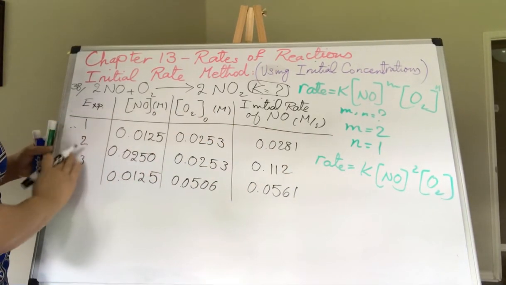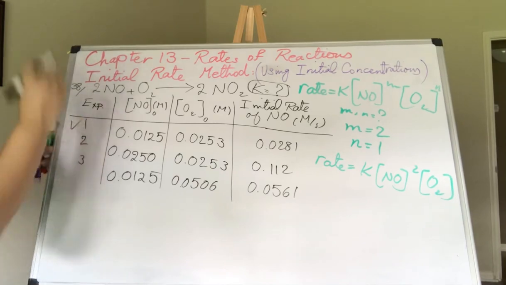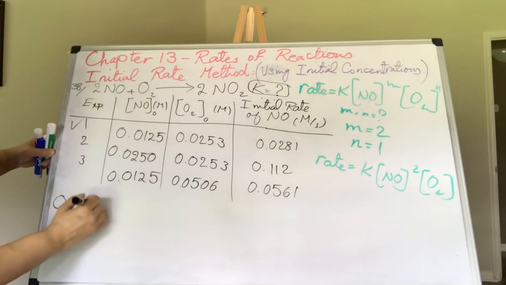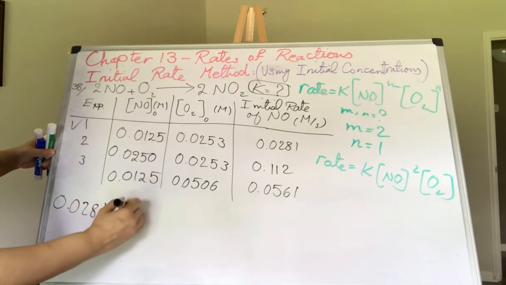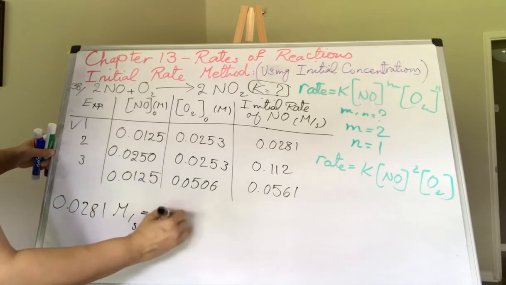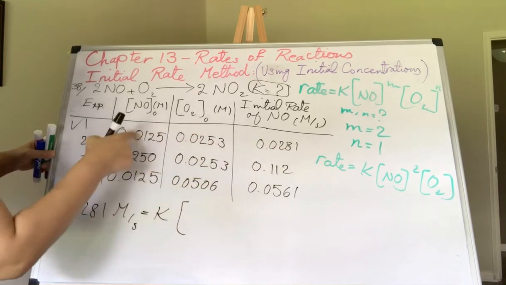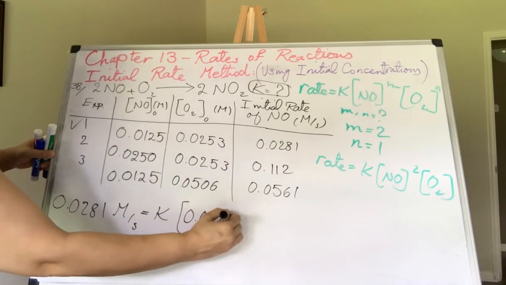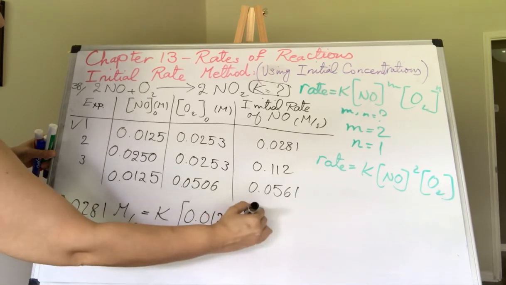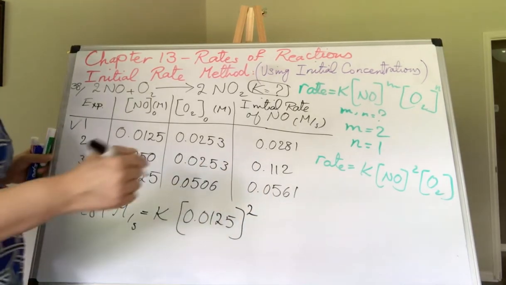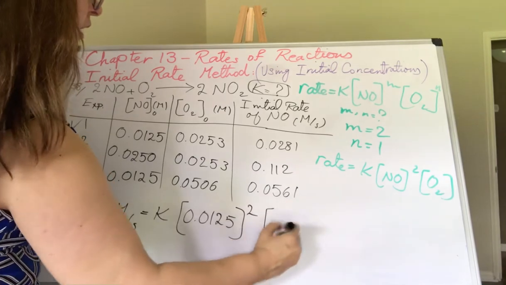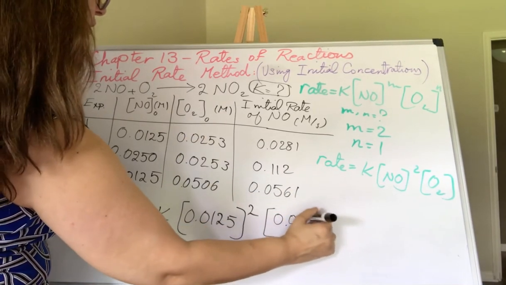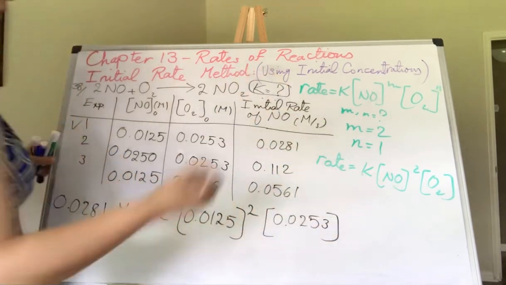So let's choose experiment 1. What is the rate for experiment 1? 0.0281 molar per second. What is the value for NO in the first experiment? 0.0125. What is M? Now we have it to the second. And we have O2 for the first one, 0.0253. What is N? 1, that you can skip writing.